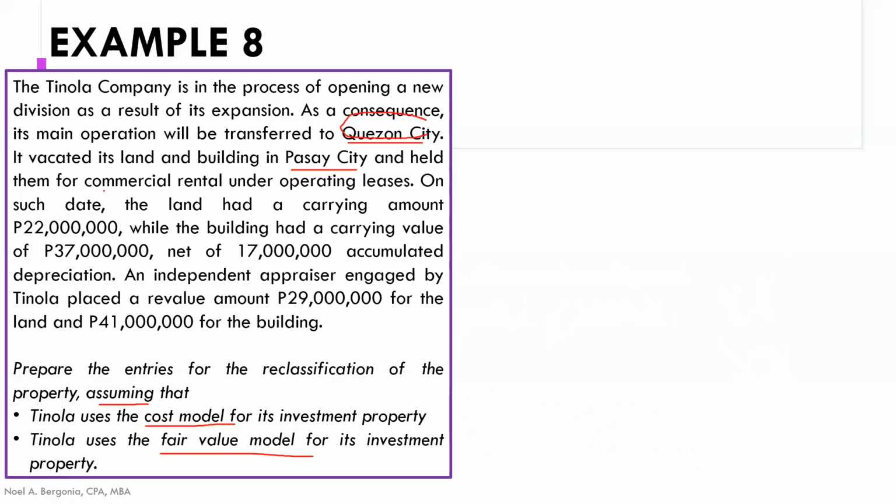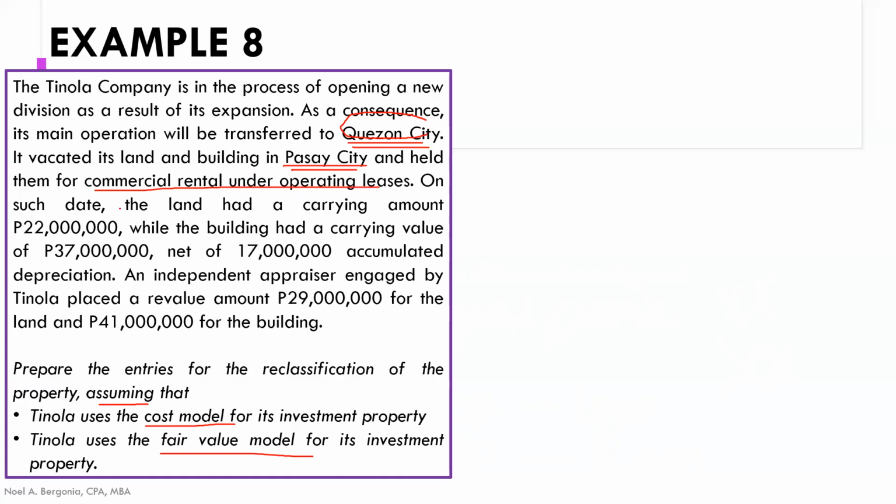And held them for commercial rental, sorry, transferred to Quezon City. So si Quezon City yung lilipatan galing sa Pasay. So yung land and building sa Pasay is ipaparenta na daw under operating lease.